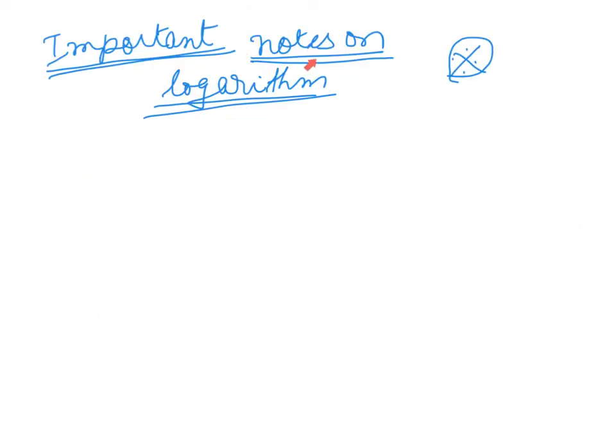Important points on logarithm. Let's understand these points. We know the definition. We have seen that b to the power of x is equal to y, where b is positive.